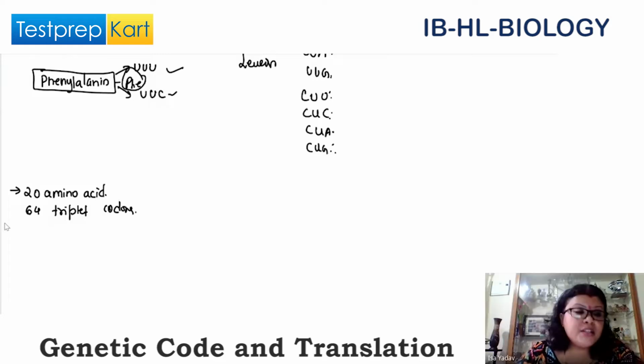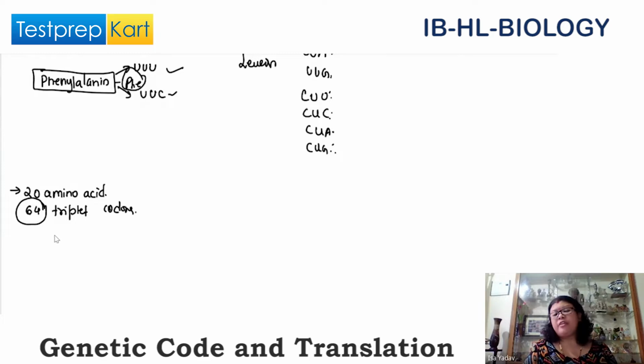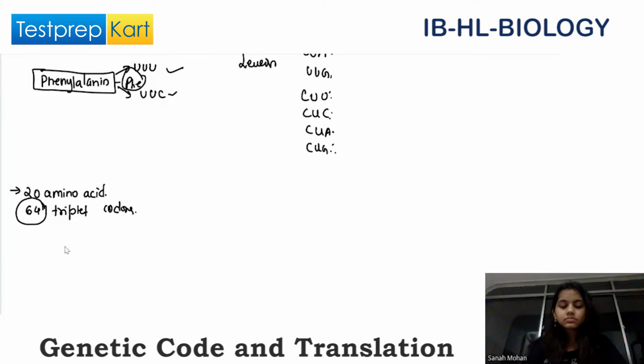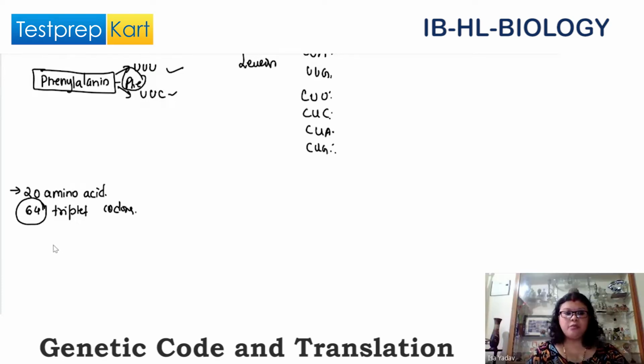Can you tell me, out of the 64 triplet codons, how many will code for different amino acids, and how many do not code for any amino acids, so they are called stop codons?